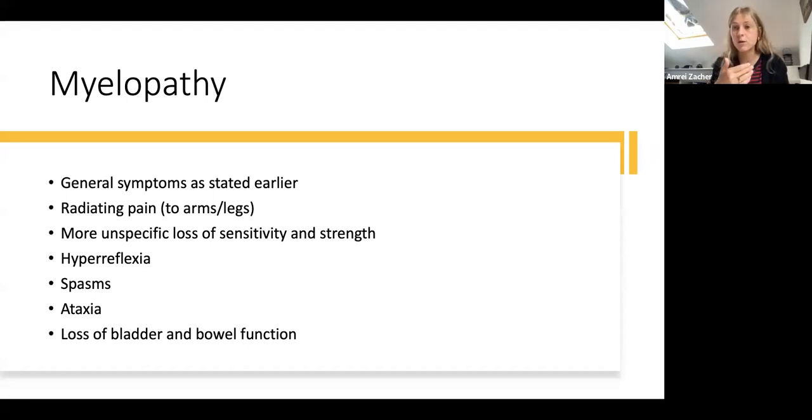So now if our cord has a deterioration, the first motor neuron is becoming damaged, and that always comes with hyperreflexia and spasms. Because you have your second motor neuron, and it lies here in the cord where it would then enter. And there are the connection parts where it connects to the first motor neuron.